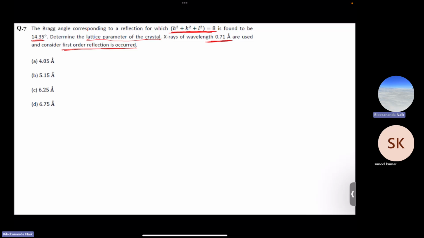If you see here, again the formula is 2d sin theta equals n lambda.